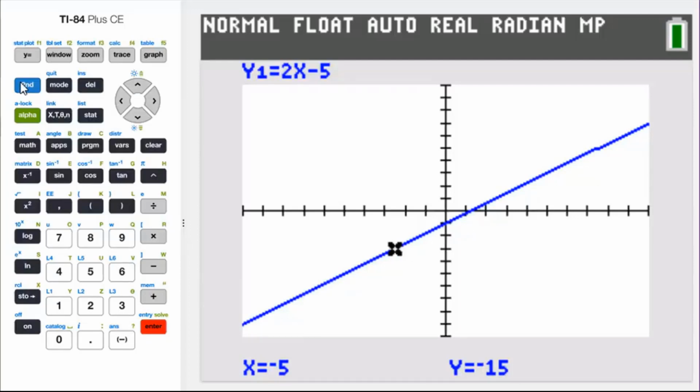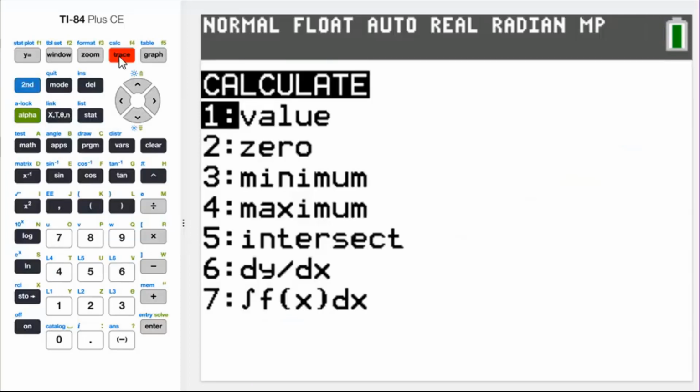Then when you do second trace, that means calculate. It will calculate the value of a function, zeros of a function, minimum or maximum of the function. It can figure out the intersection of 2 lines or 2 curves.